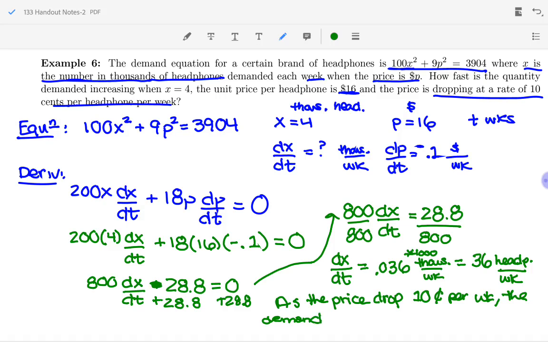It's positive, so it increases by 36 headphones per week, which makes sense. We're doing such a small price change, but since we're decreasing it, our demand should increase. So we drop the price by 10 cents, 36 more headphones are sold that week.